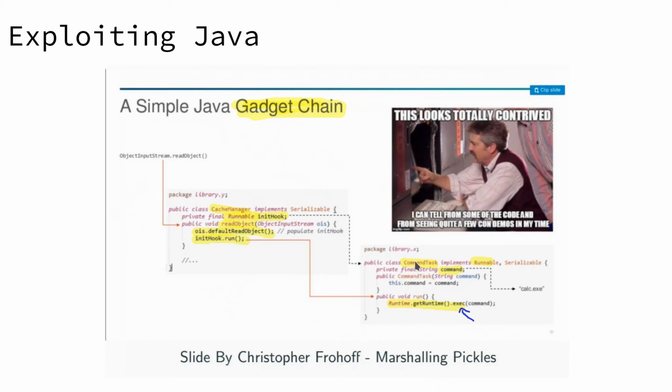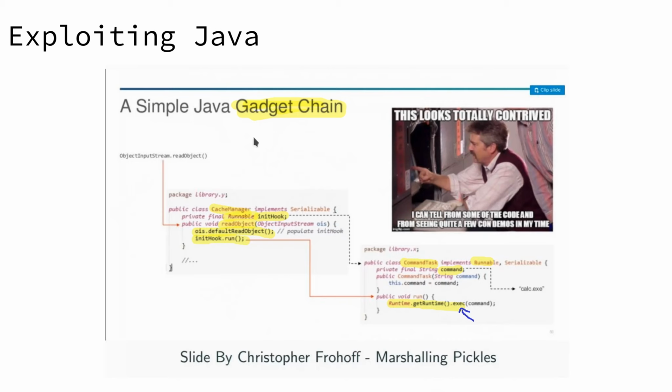InitHook is a CommandTask with the command rm -rf, and then initHook.run is called, and the code rm -rf is executed, the command. So we made the server execute a command we wanted just by modifying attributes, not by changing code. Property-oriented programming.